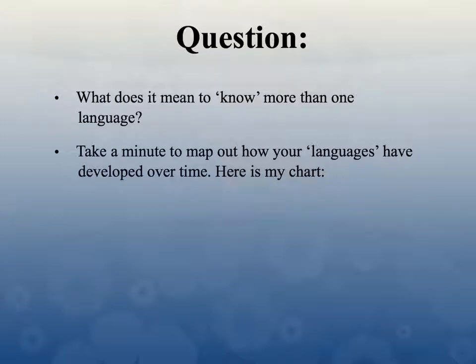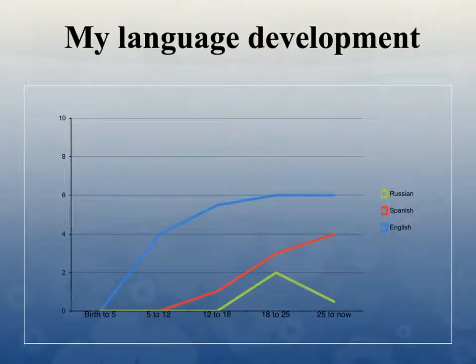So I'd like you to take a minute to map out how your languages have developed over time. And to give you an example, here's my chart. Over here, we can see that there is this axis, which refers to how proficient I am in a language, and here we have time from birth all the way to adulthood.